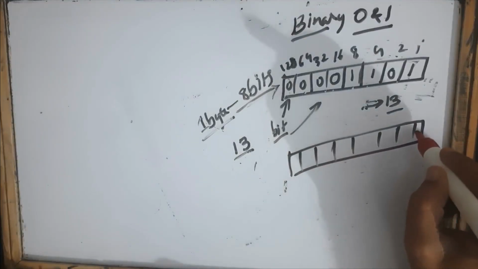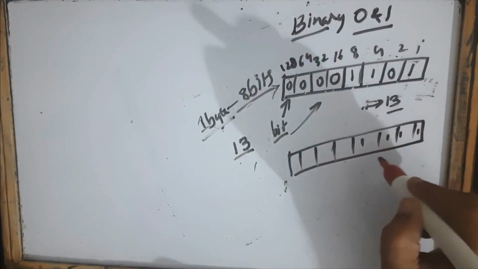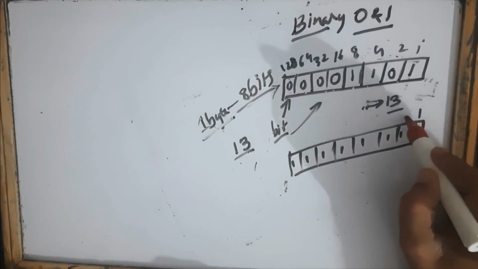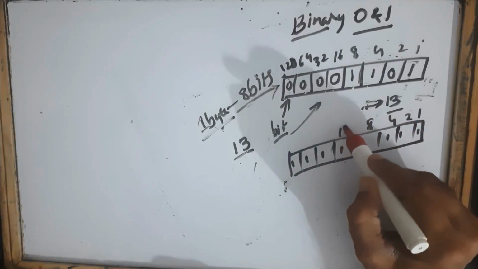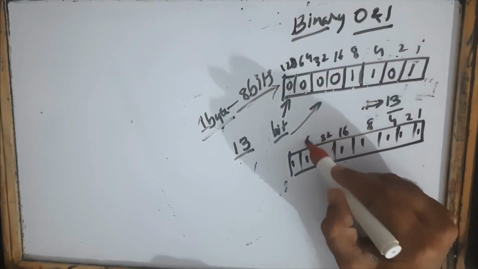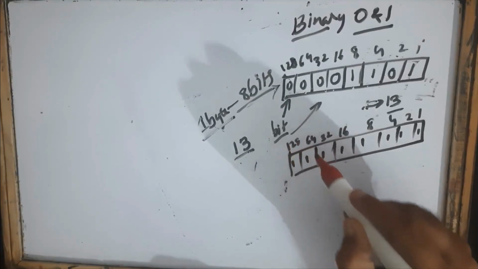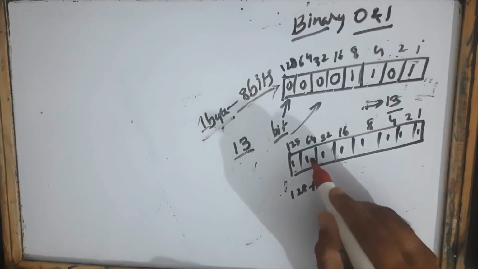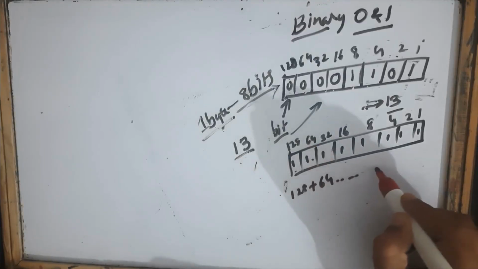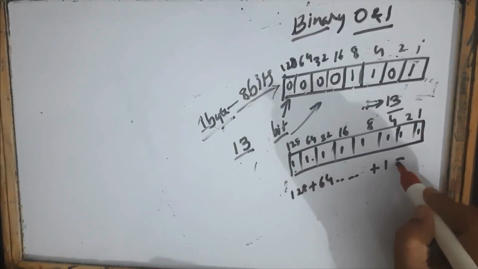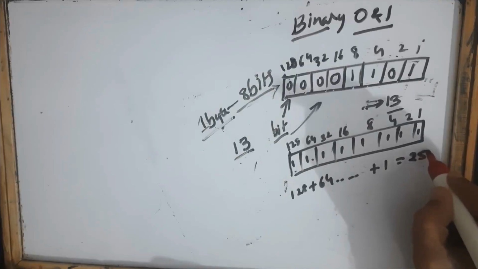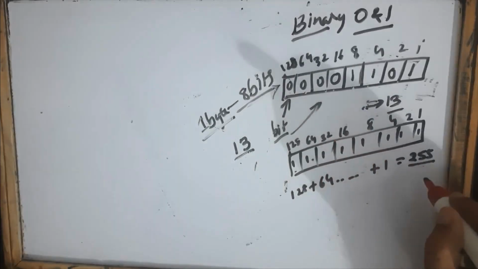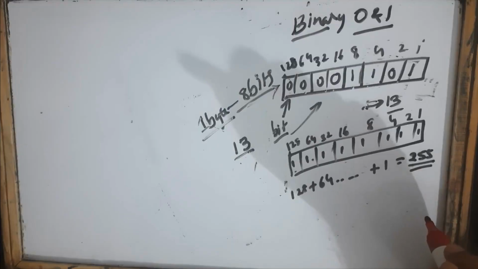If you fill all the ones, that means 1 2 4 8 16 32 64 128, if you calculate 1 into 128 plus 1 into 64 like this, plus 1 into 1, you will have 255 total. That means this way we can have numbers up to 255.